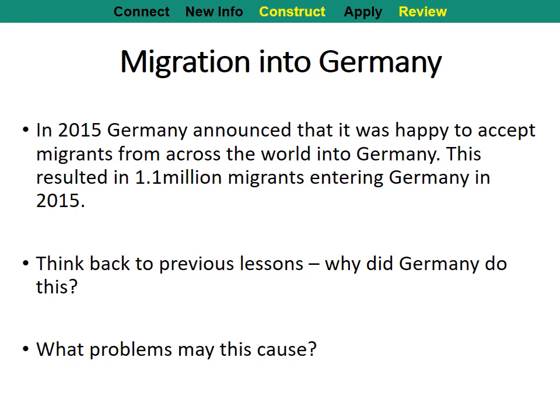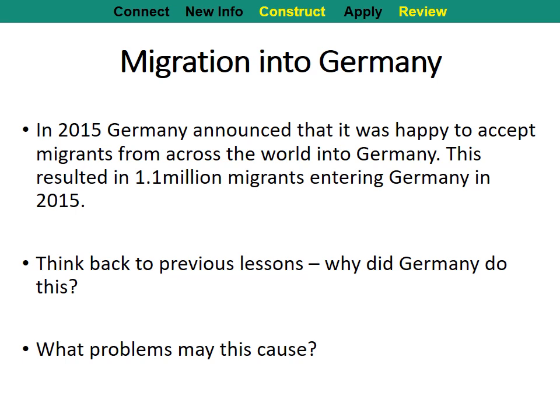Germany is one of the richest, most developed countries in the world, and they opened their borders. So 1.1 million people moved into Germany in 2015. There was a huge exodus of people traveling across Europe, mainly from the south, to get into Germany.